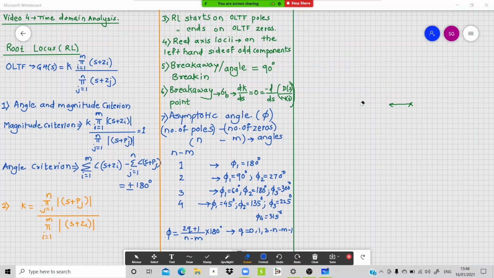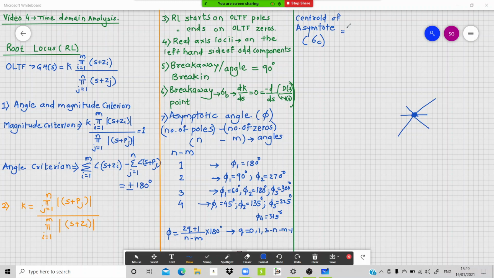These are the asymptotic angles, but where on the real axis are you going to draw the asymptotes? The point from which you draw the asymptotes is called the centroid of the asymptotes, denoted by sigma c.